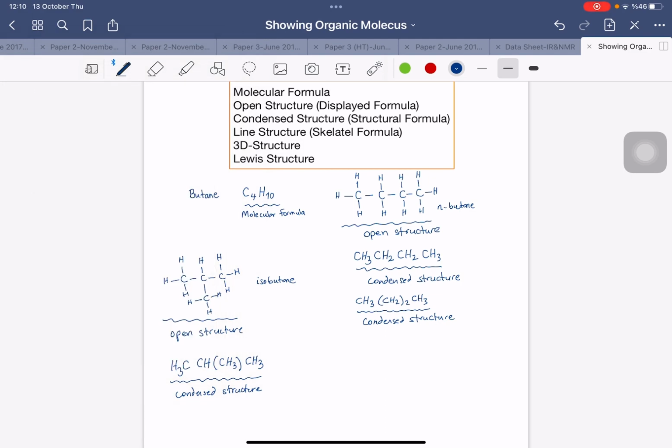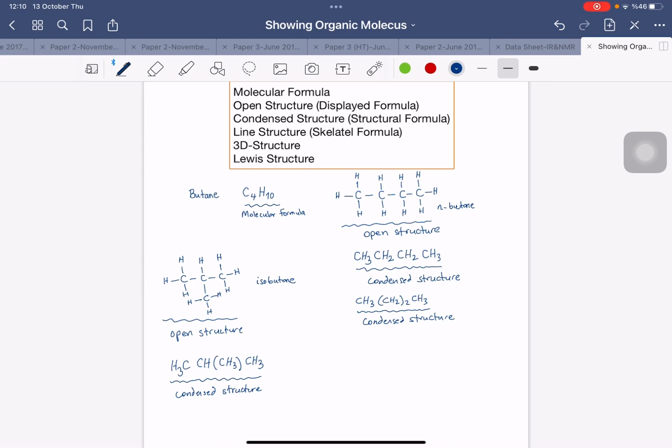They are connected in a zigzag form where the carbon atom makes an angle of 109.5 degrees. Okay, let's start drawing the line structure of N-butane.